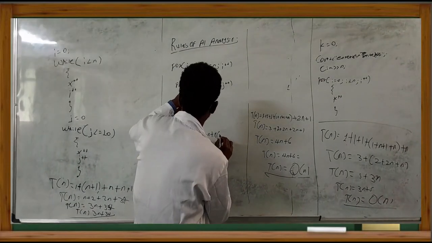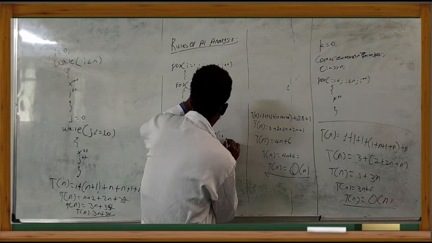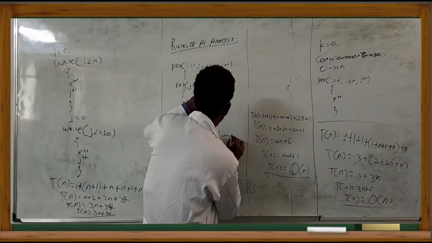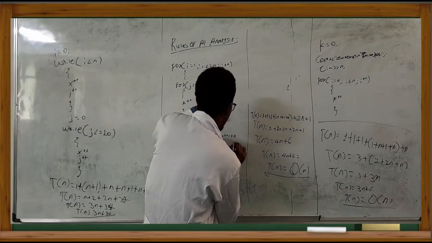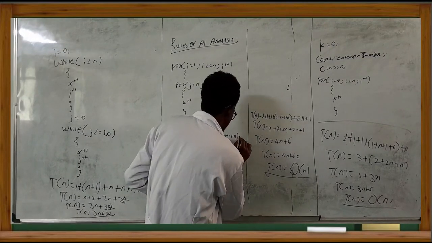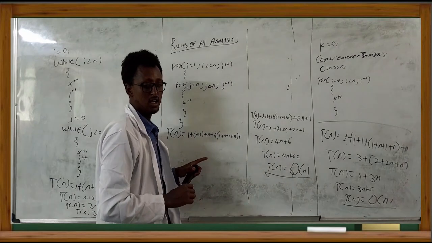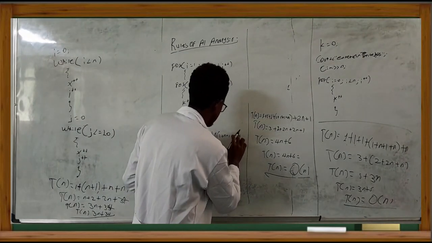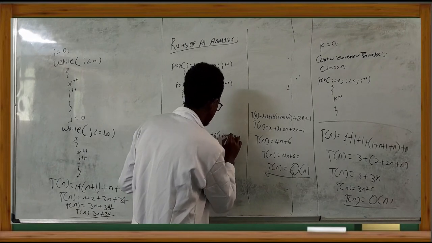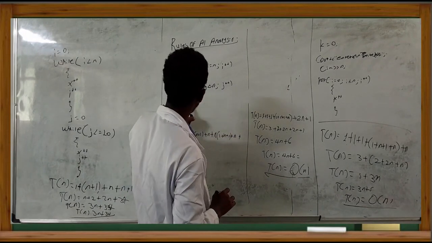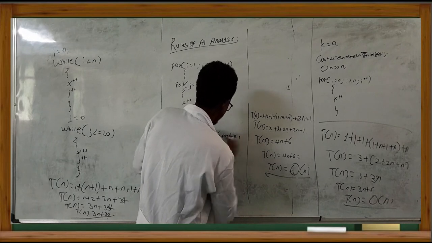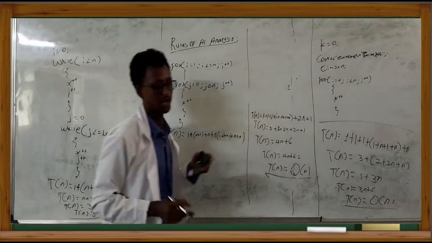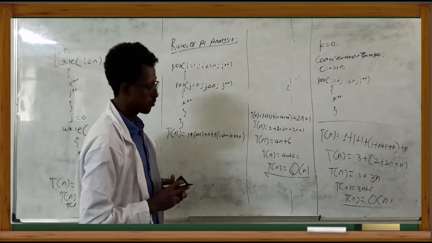1 for the j equals 0 operation, plus n plus 1 for the condition check operation, plus n for the j plus plus increment, plus, actually this is enclosed here, and for the k plus plus, n, another n. So we compute this.